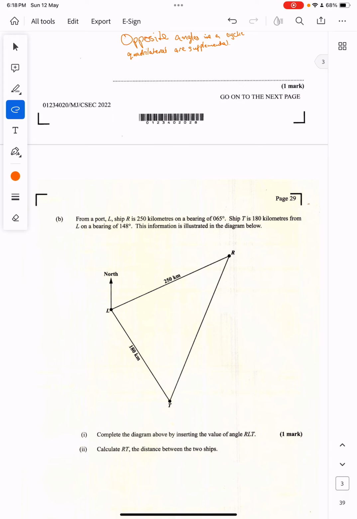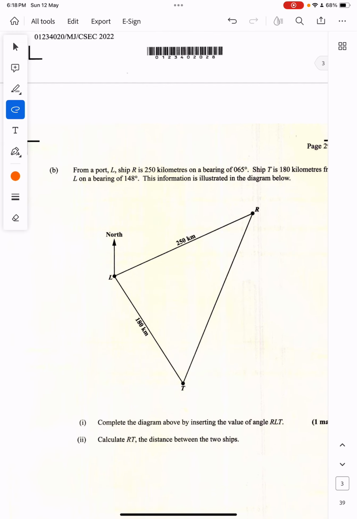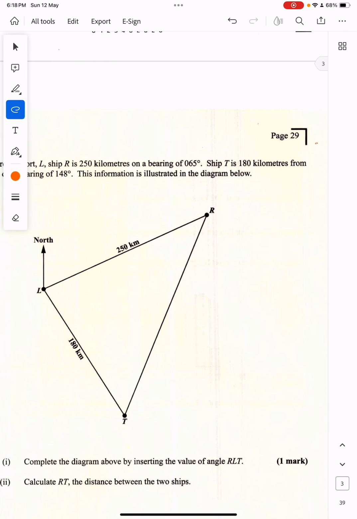Moving on to the bearings question. From port L, ship R is 250 kilometers on a bearing of 065 degrees. Very important, anytime you have to write your bearing, make sure that you have 3 digits for your bearings, right?